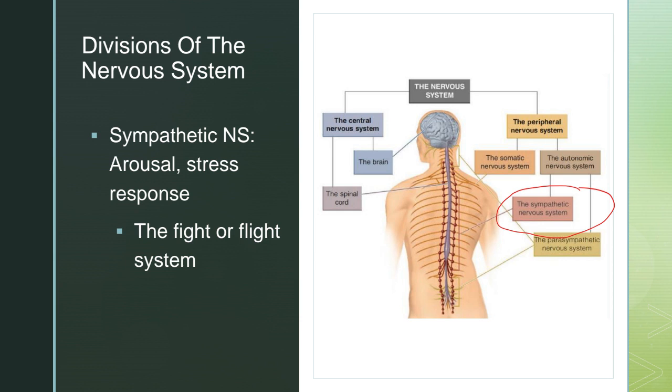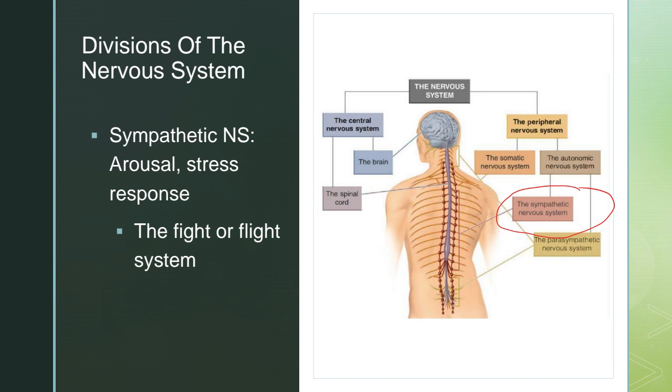So the body is expending rather than storing energy when the sympathetic nervous system is activated. Now, obviously, the sympathetic nervous system can't run continuously, or the body would run out of resources.